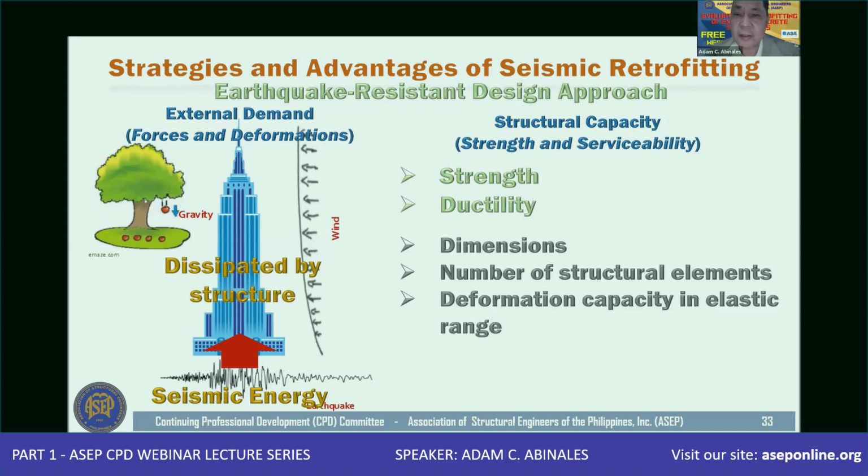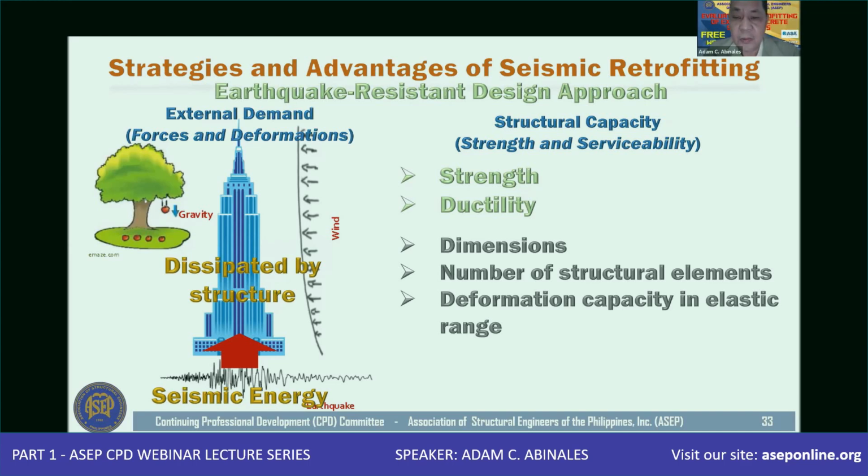And then in our design of the structure, we deal with these other properties of the structure. We look at the floor to floor dimensions, the dimensions of the base, and the number of structural elements to be used, the columns, the shear walls, and so on.